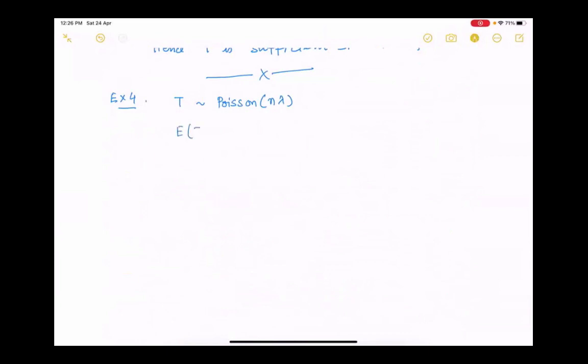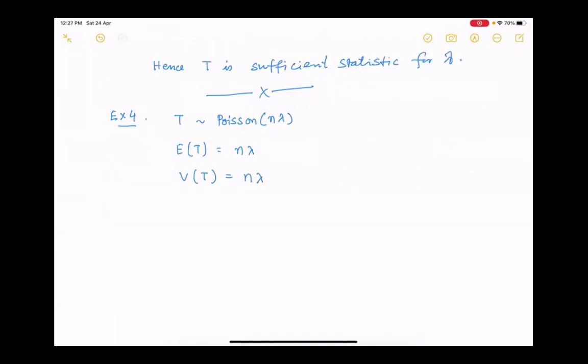Expectation of T is, we know, n lambda, and variance of T also we know is n lambda, right? We can use this, as is typically what we do.